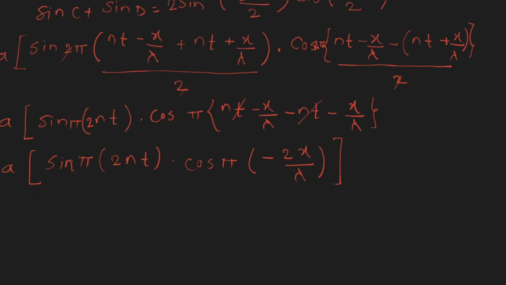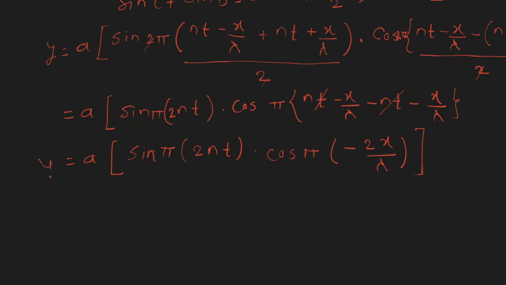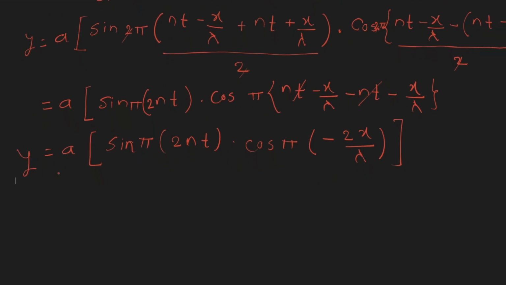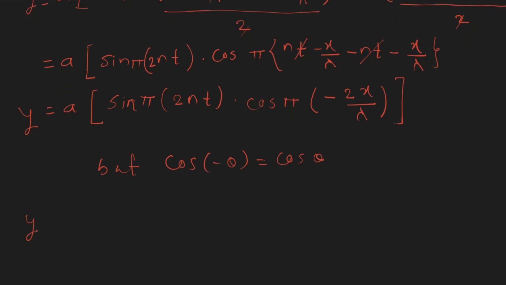Therefore the value of y will be A sine 2 pi nt, but we know that cos of minus theta equals cos theta. Therefore this minus will be considered as positive. Therefore y equals A sine 2 pi nt, this is the angle, into cos 2 pi x upon lambda.